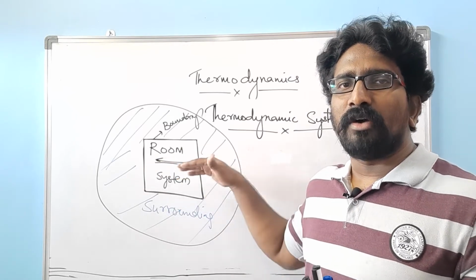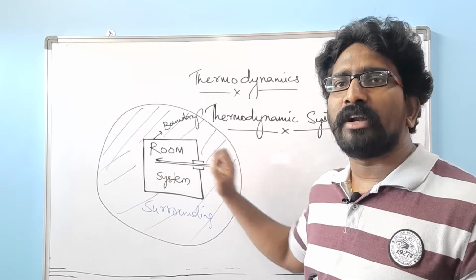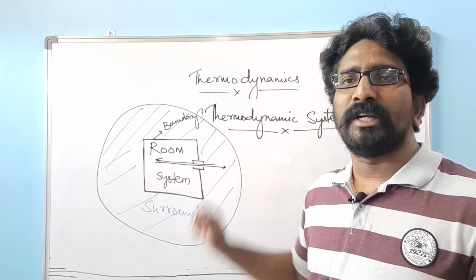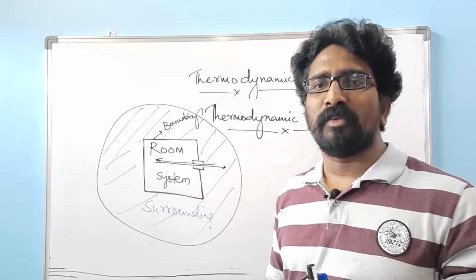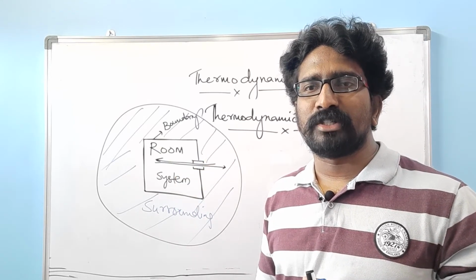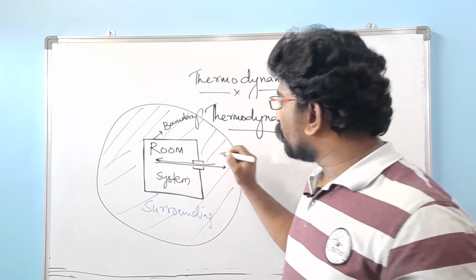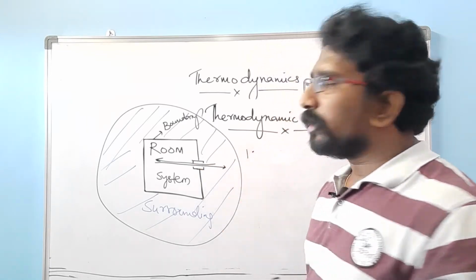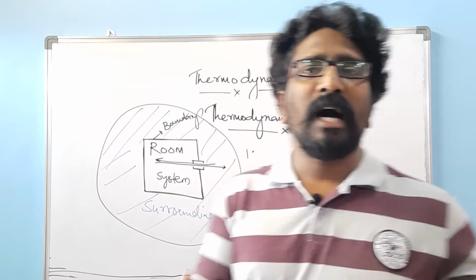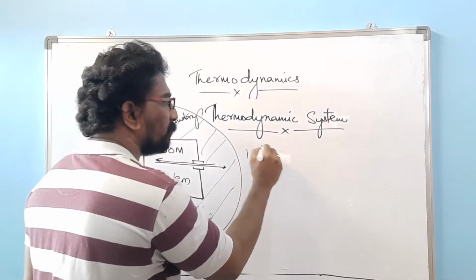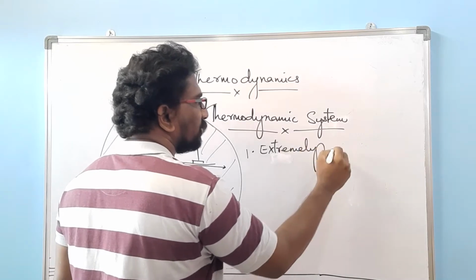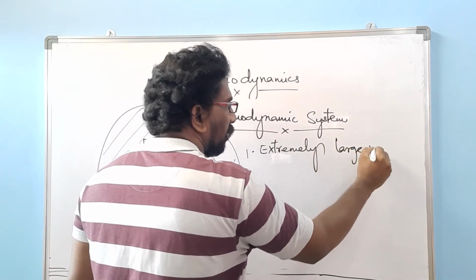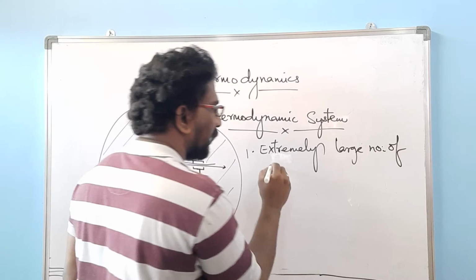So a large number of molecules and atoms are present in your thermodynamic system. First, in the thermodynamic system there will be an extremely large number of atoms and molecules.